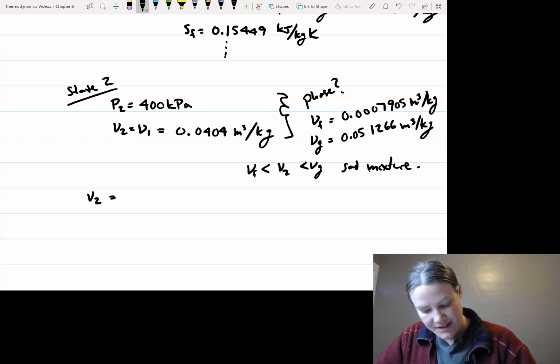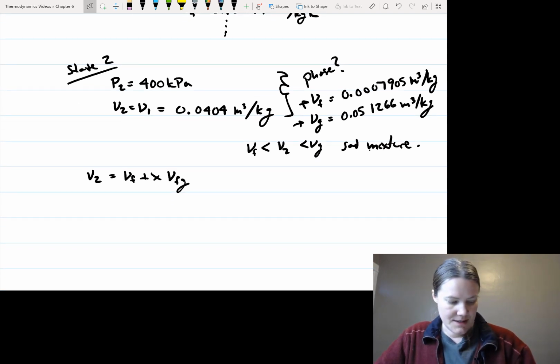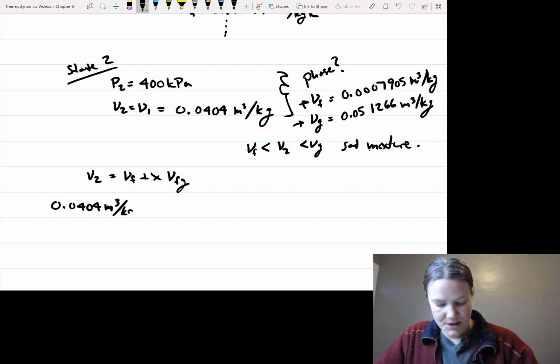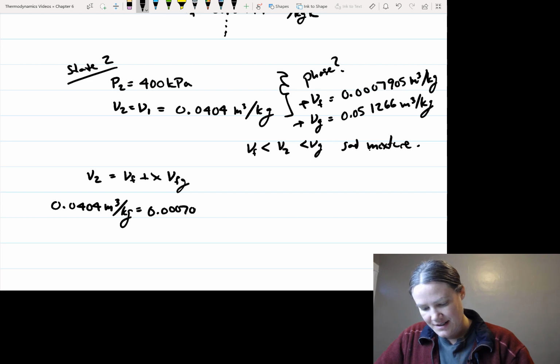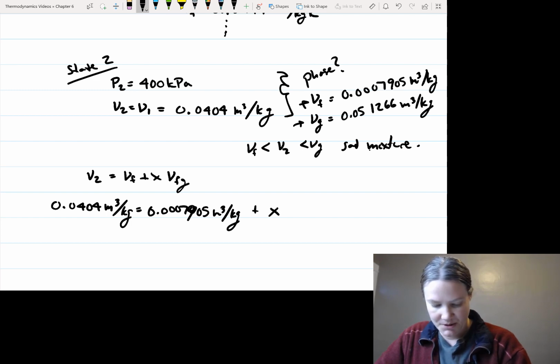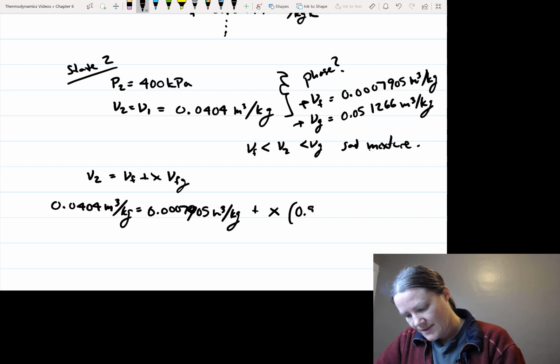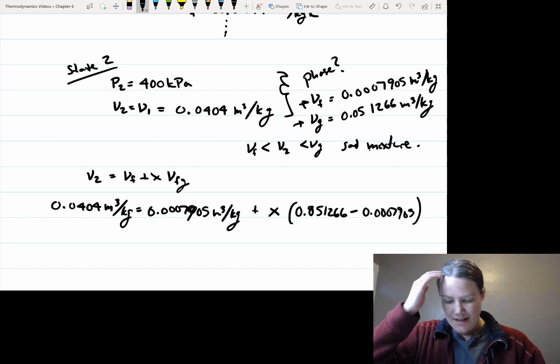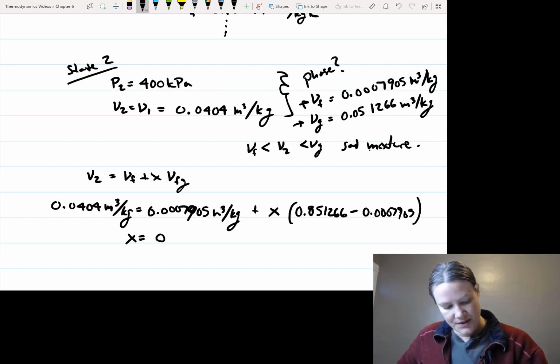We know that V2 is equal to VF plus X VFG, which we've already looked up. So we have 0.0404 meters cubed per kilogram is equal to VF, 0.000795 meters cubed per kilogram, plus X, which is what we're looking for, times 0.051266 minus 0.000795, because it's VFG. And so then X is equal to 0.77.